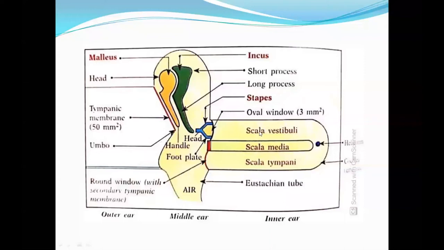Base is made up of oval window and round window. Oval window is covered by foot plate of stapes, and the round window is covered by the secondary tympanic membrane.